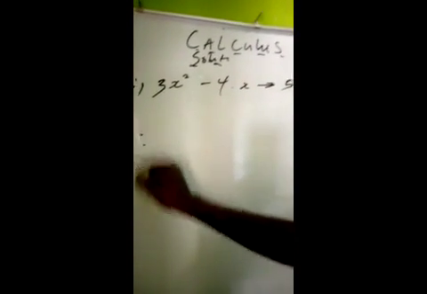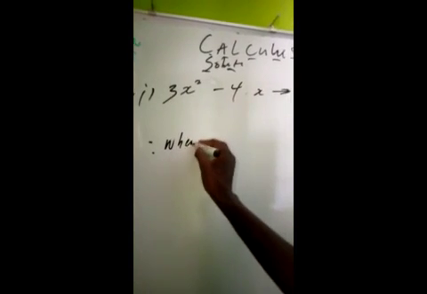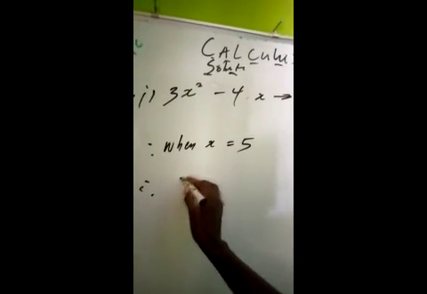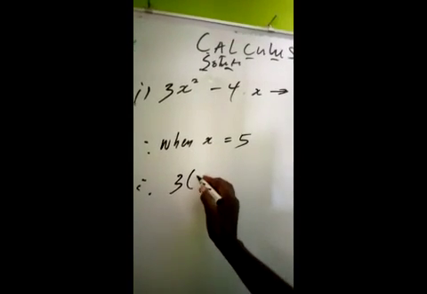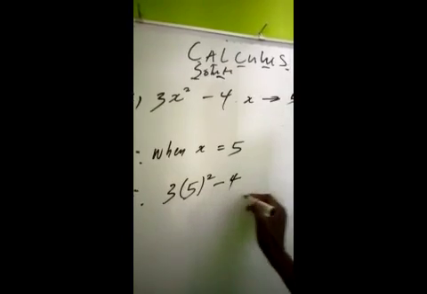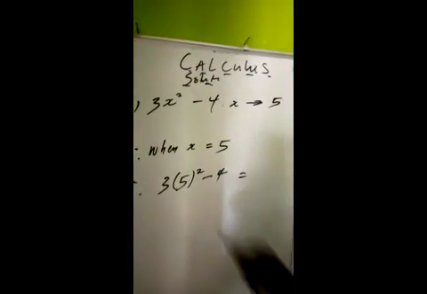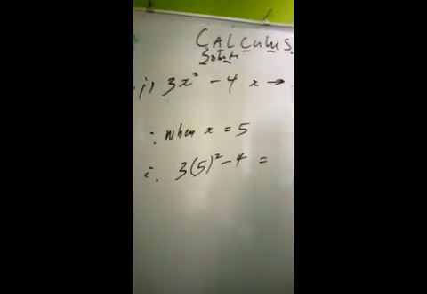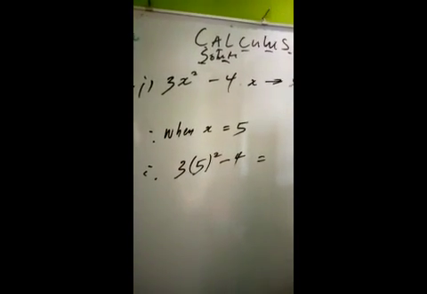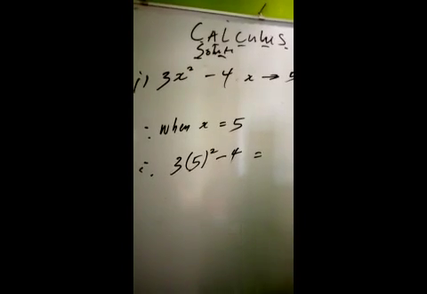Therefore, when s is equal to 5, we have 3 times 5, all squared, minus 4. From this point, we have 5 raised to power 2, which is what? 25, by saying 5 times 5 is 25.